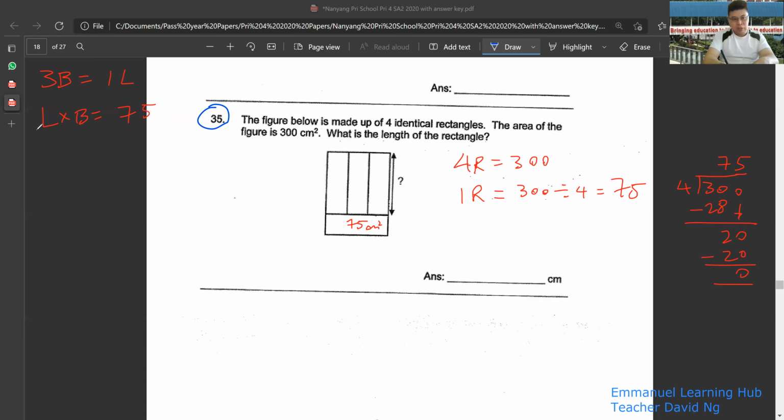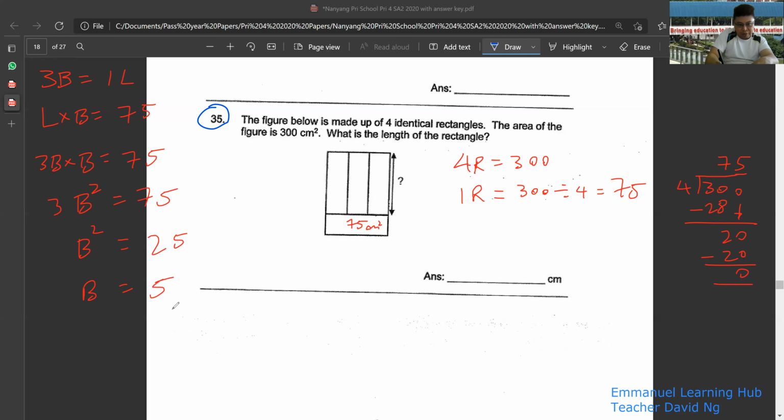And what is one length? One length is 3 breadth, right? So I can change my length to 3 breadth. So breadth times breadth is breadth square. So breadth square is 25.